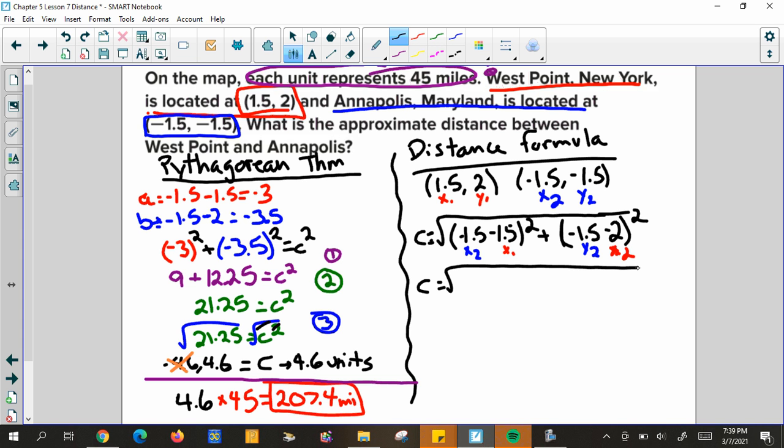I always start with simplifying the subtraction on the inside of the parentheses. We're using the order of operations, and we're going to start with simplifying the inside. Negative 1.5 minus 1.5 is negative 3 squared plus negative 1.5 minus 2 is negative 3.5.